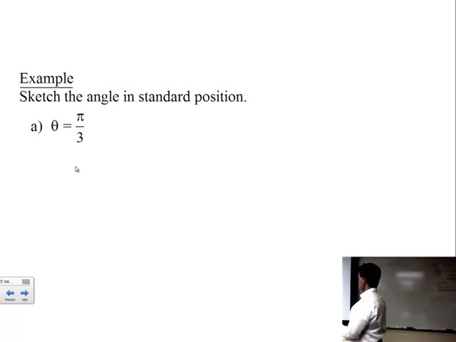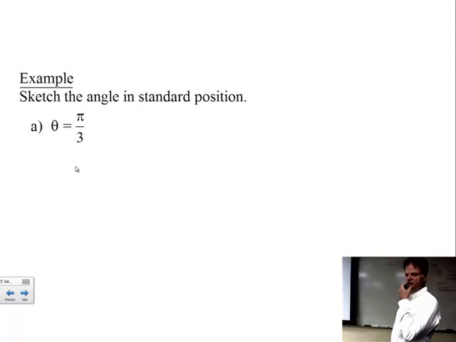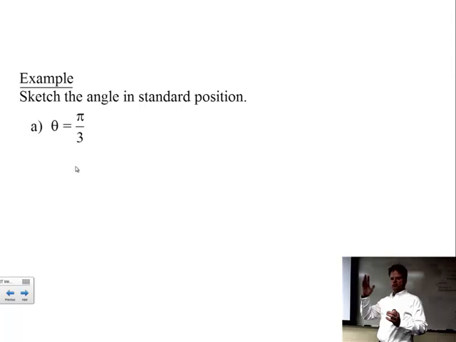Okay. So let's sketch these angles, just to get a feeling for radians. We may not be used to radians if calculus was a long time ago. So what does pi over 3 look like? Just use your fingers or your hand or your arms to show me. Yeah, it's right.